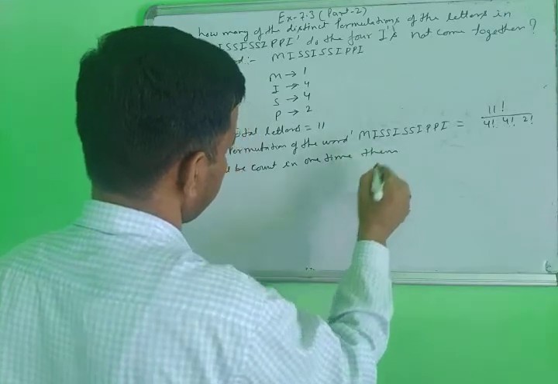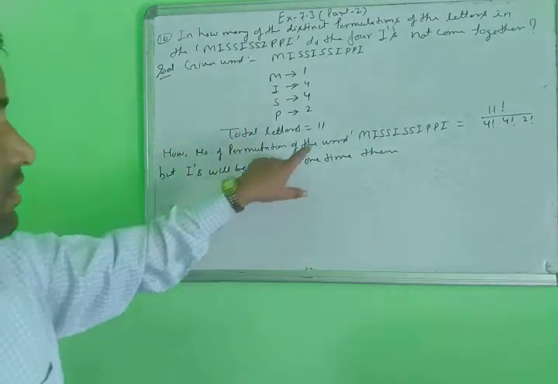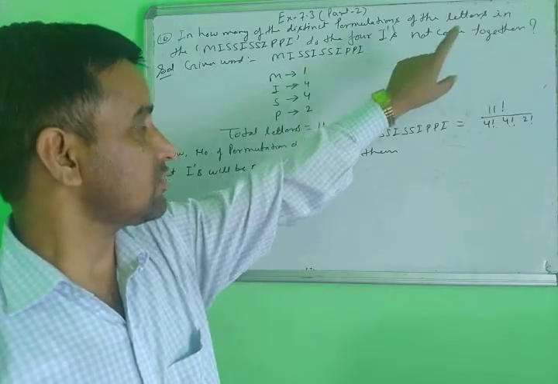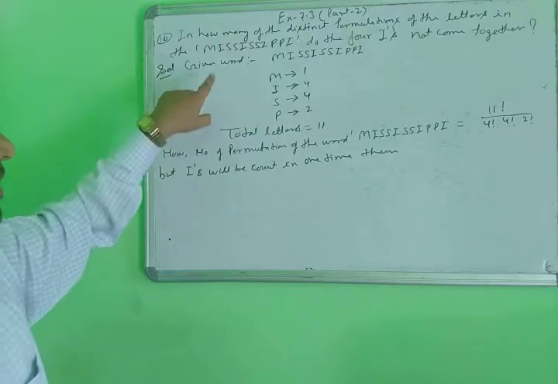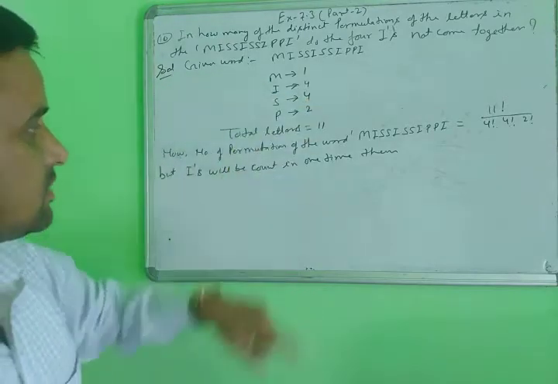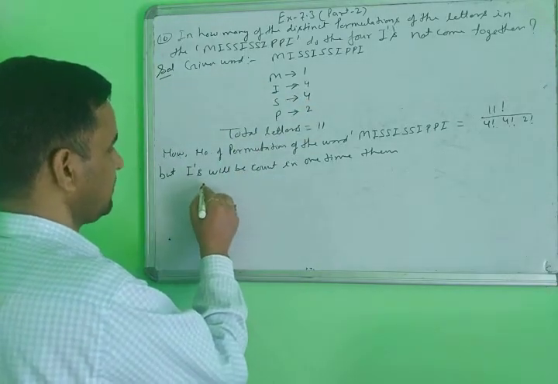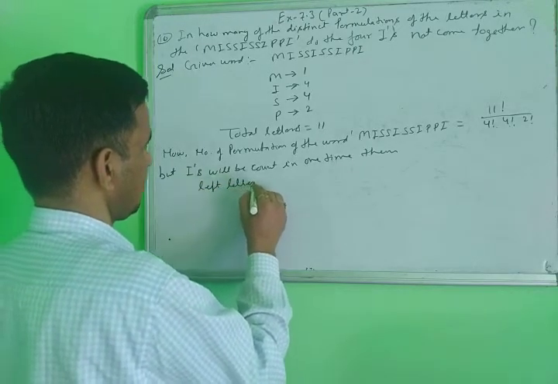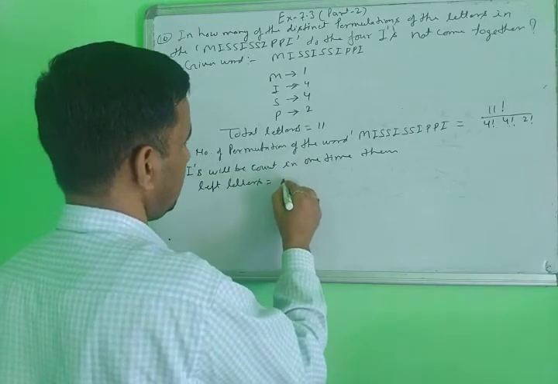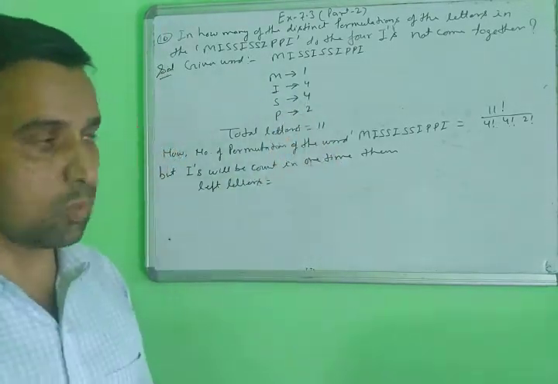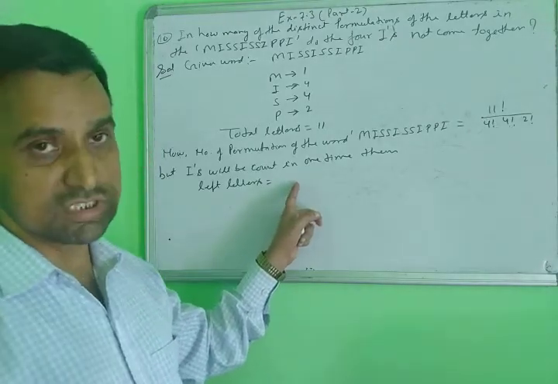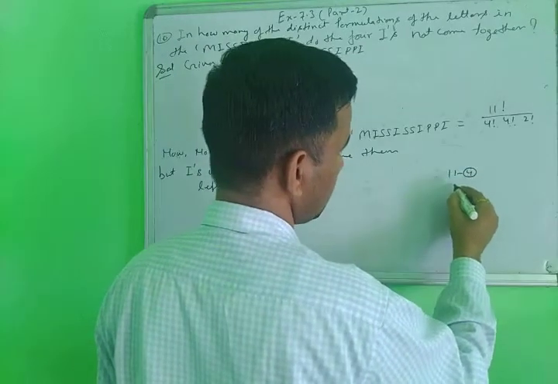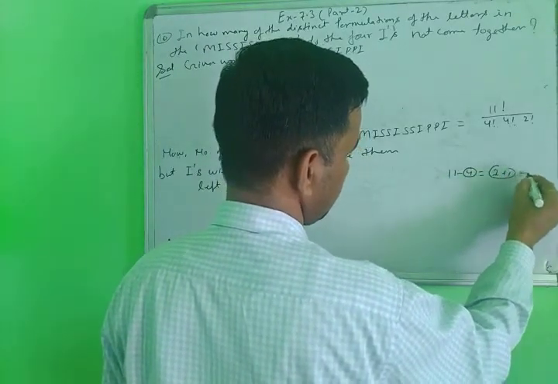Then it means the 4 I's count one time, so in the permutation of the word, the total letters left will be 11 minus 4, which is 7, and the 4 I's counted as only one, so 7 plus 1 equals 8.